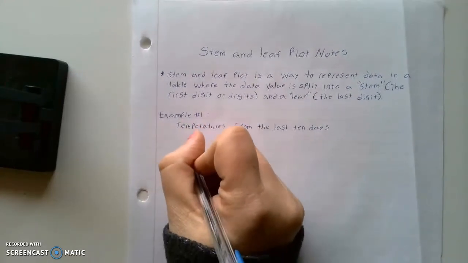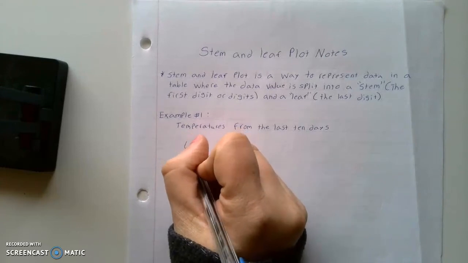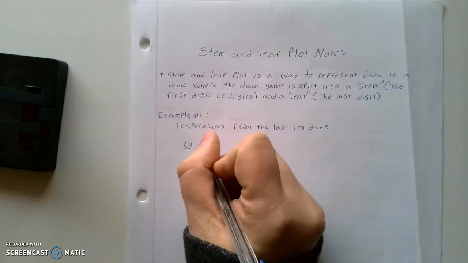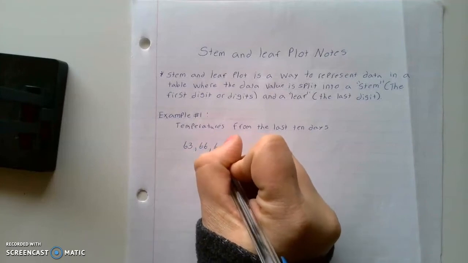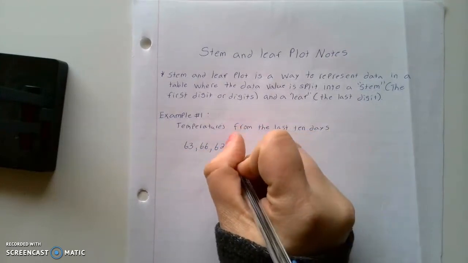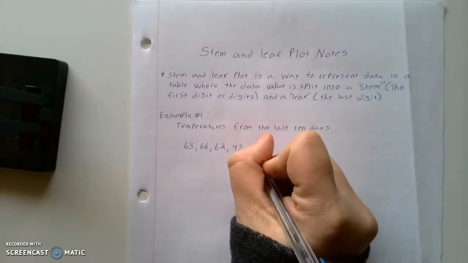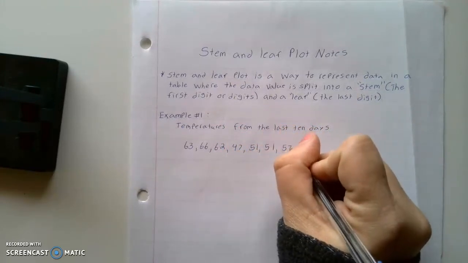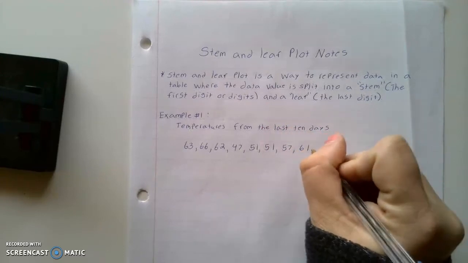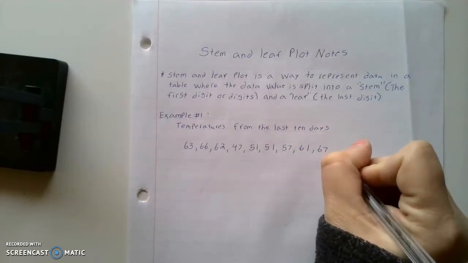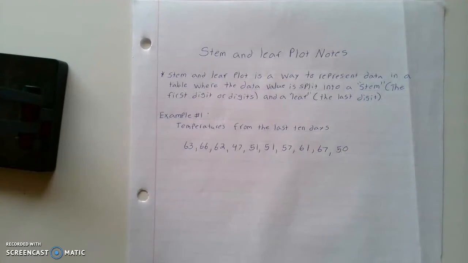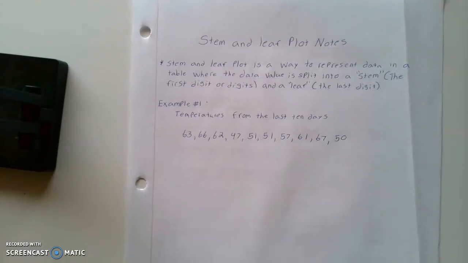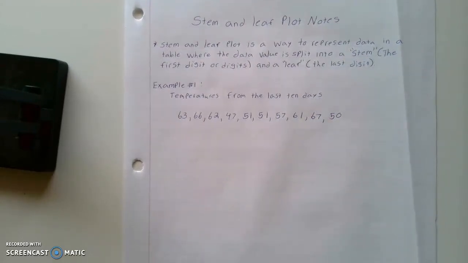Some days it's nice and some days it's a little chilly. So my days I have 63, 66, 62, 47, 51, 51, 57, 61, 67, and 50.